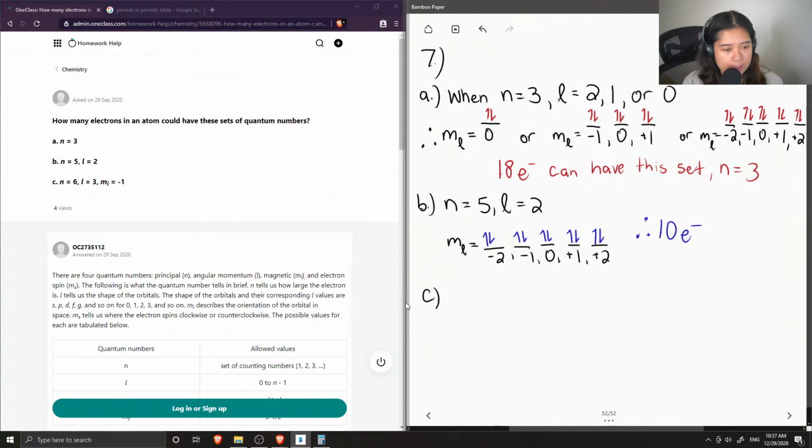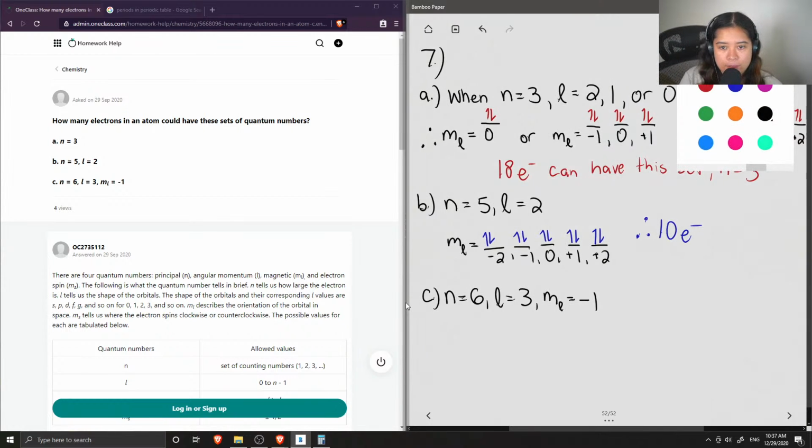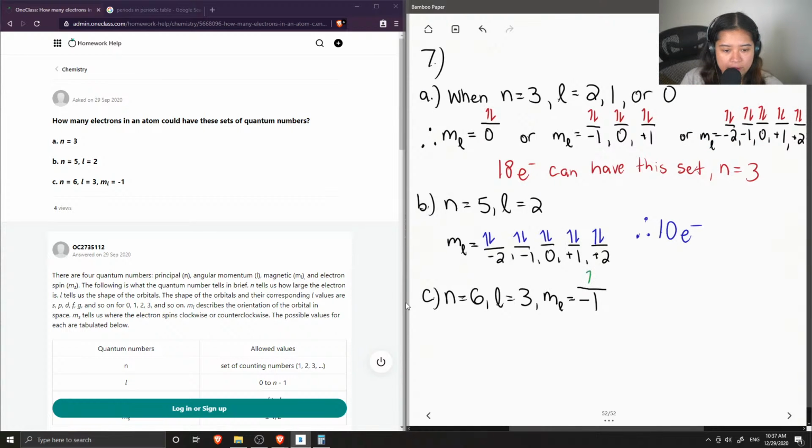And then lastly, we have n equals 6, L is equal to 3. And this time they really specify that our ML is only equal to -1. So since we're only interested in the ML value, I'm going to draw out its filled orbital, and it's only the 2 electrons.